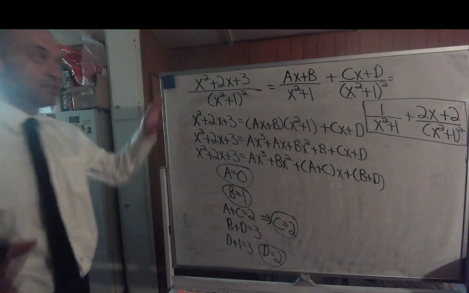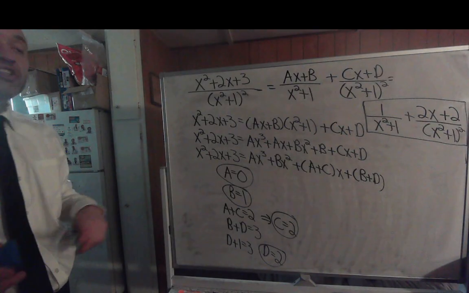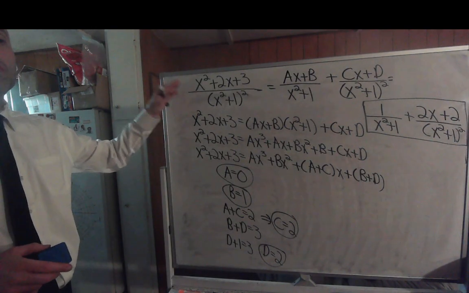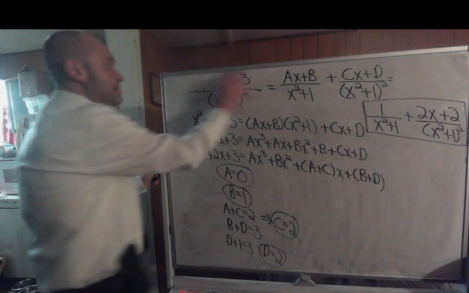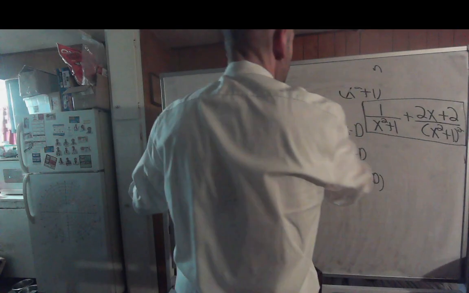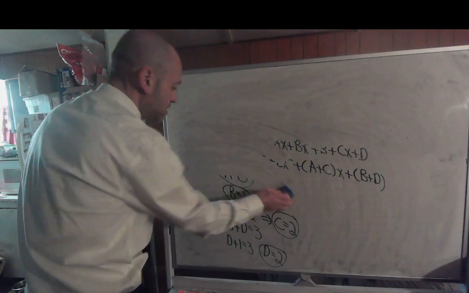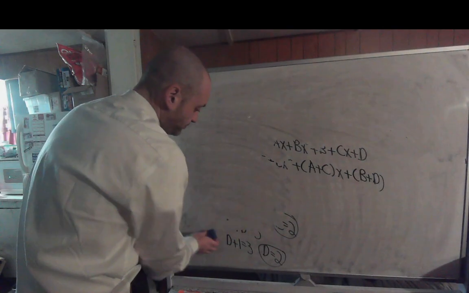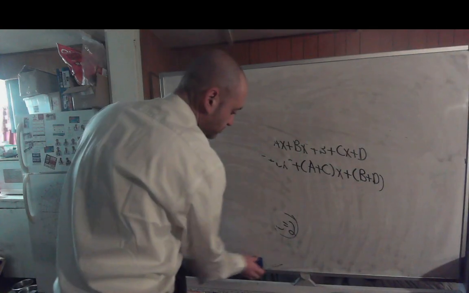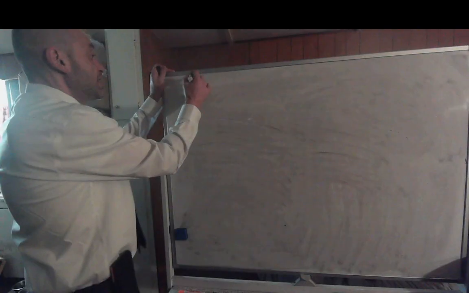Now I got just 2 more exercises, and I want to get into when the degree of the numerator is equal to or greater than the degree of the denominator. What do we do with that? All right, so let's say you have something like this.